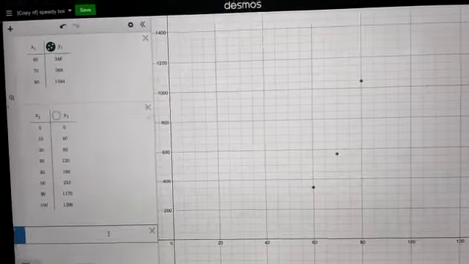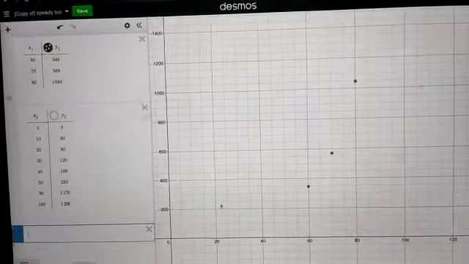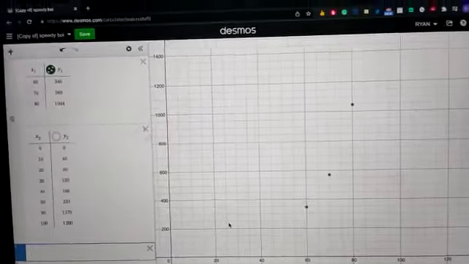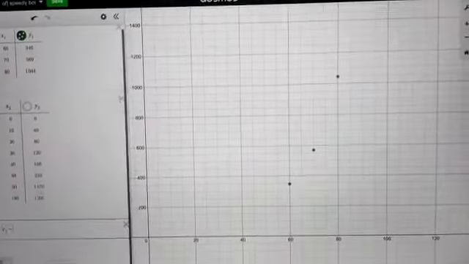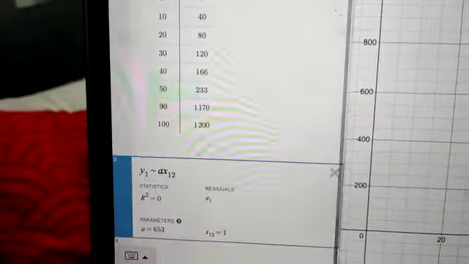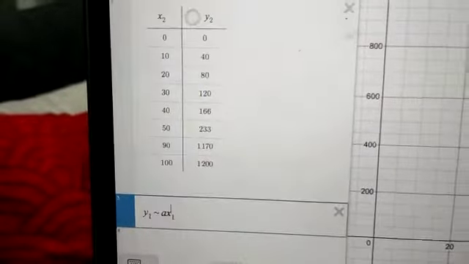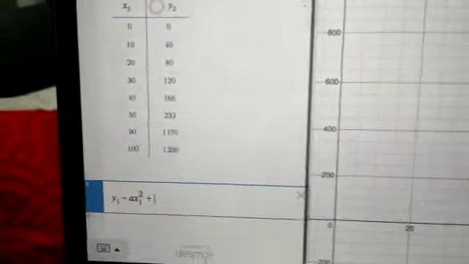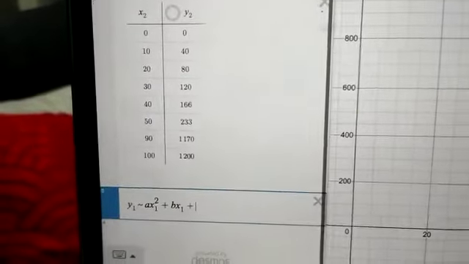So instead of using a cubic curve, we use a quadratic curve to describe them. So y1 is ax1 squared plus bx1 plus c.